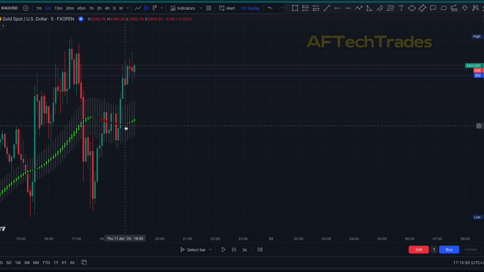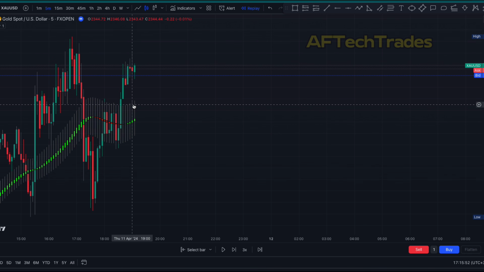So another confluence we use in entering this market is for us to wait for this traditional candlestick to come back and touch our smoothed Heikin Ashi indicator as a resistance, right? So that is when we will enter this market. Immediately this comes and touches our indicator, we'll be entering this market right away.